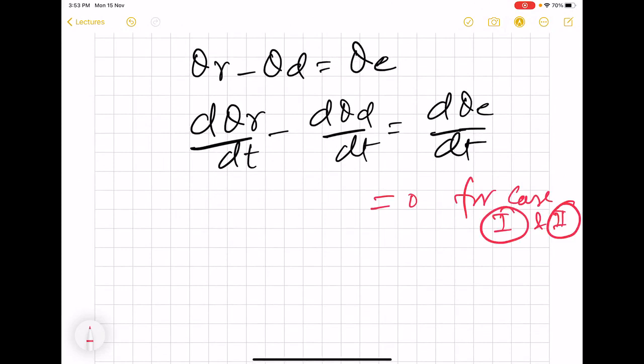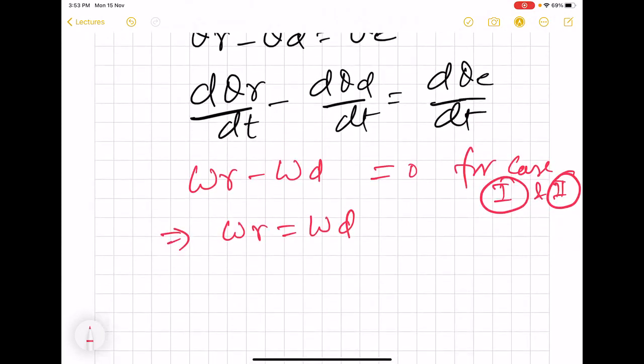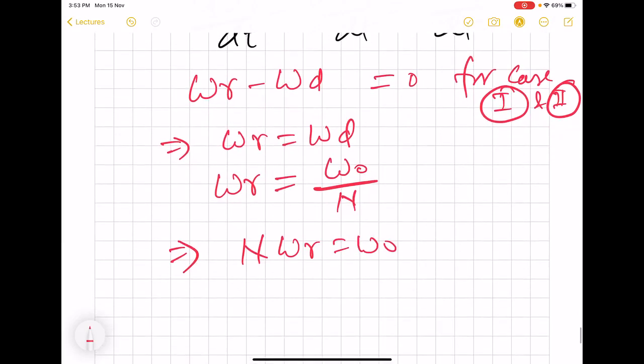And what we are going to get on the left hand side is omega r minus omega d. So this is what we get for the two cases, and this implies omega r is equal to omega d. But there is a divider which is producing this omega d, and it is dividing the output frequency by a factor N here. So what we see is N times omega r is equal to omega naught.